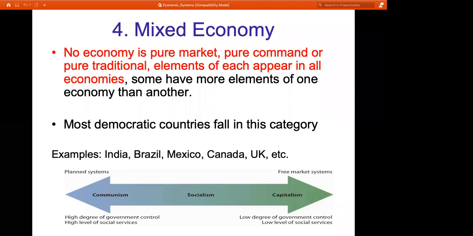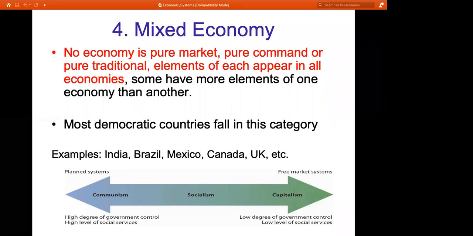But in the realistic situation, it is not so, as there is interference of government, which restricts how much to produce, the ways to produce, and the permissible limits, taking care of externalities and environment. So the element of government comes in even under pure market.